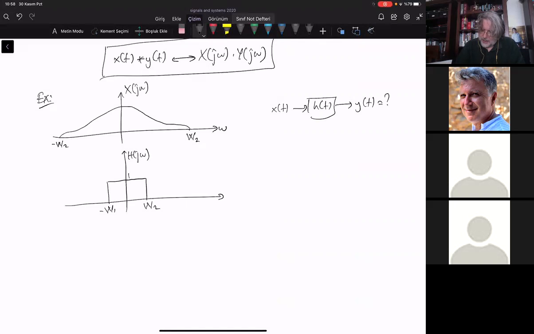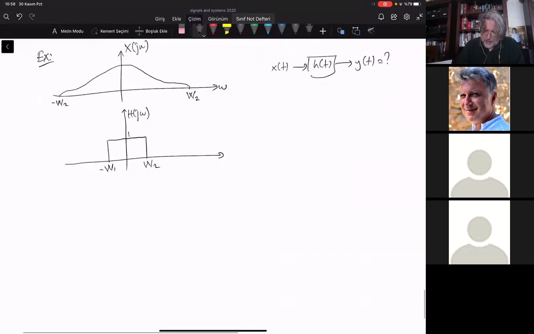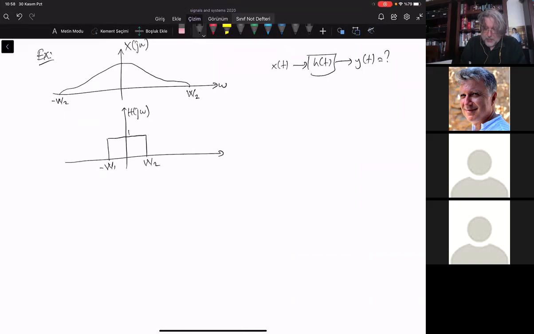We multiply x of j omega and H of j omega to determine y of j omega, which limits everything into this range.